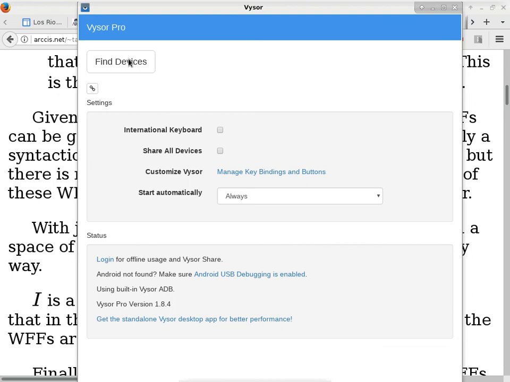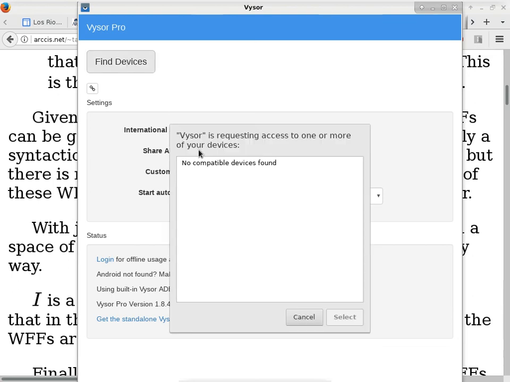Oh, well, that's not going to work if it's not connected. You just gotta use your imagination.